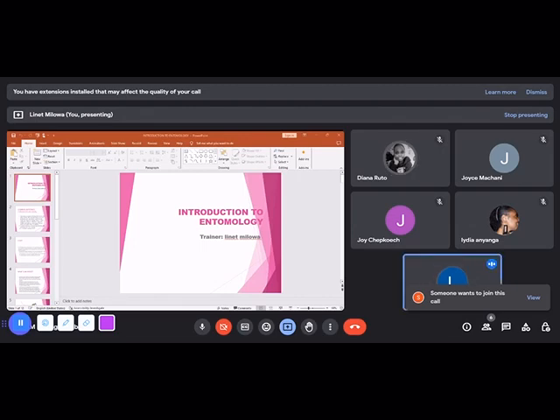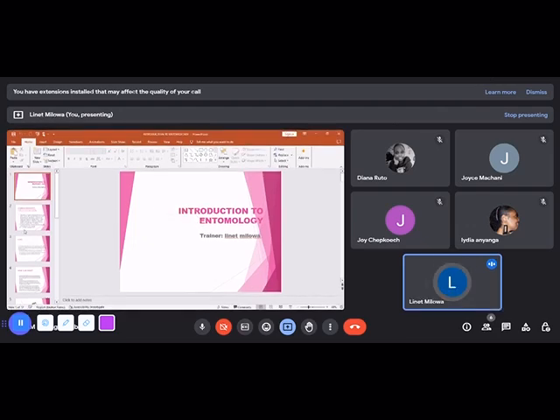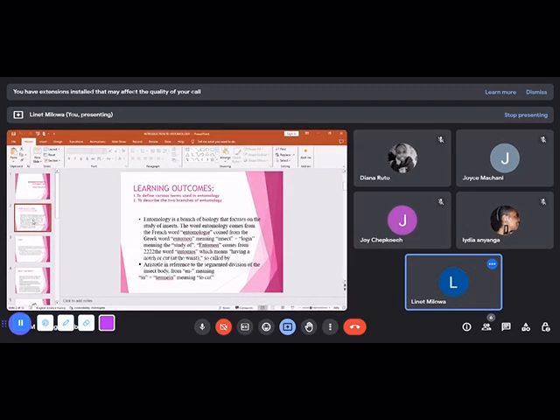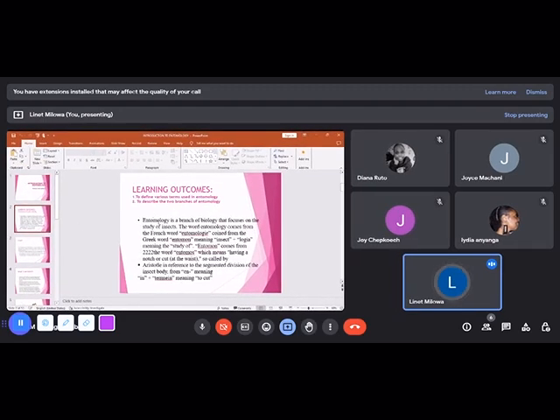So today's class we have two objectives. We are going to learn different terminologies in entomology, and the second objective is to describe the two branches of entomology.